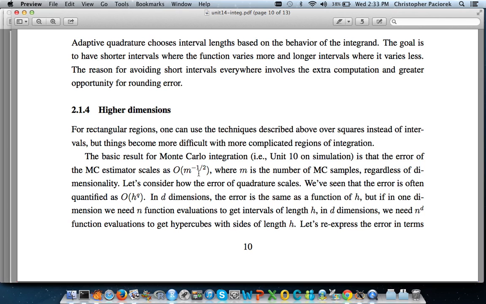But basically the number of effective samples in a given dimension is scaling as n to the 1 over d. So I guess that's what I was trying to say when I was writing it this way.